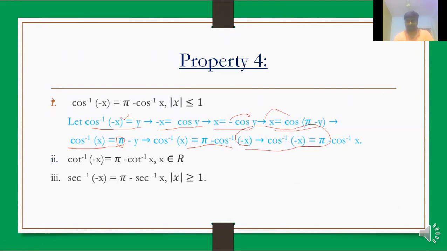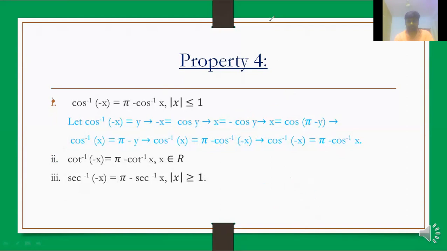Pi minus cos inverse, cot inverse and secant inverse. So for these three we have pi minus. Now let us recall that.